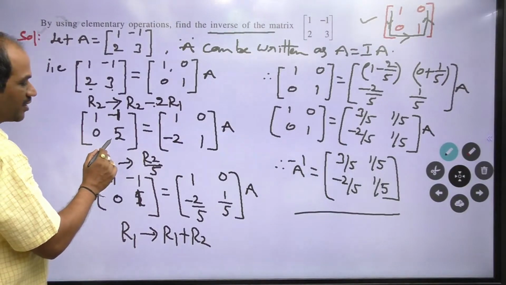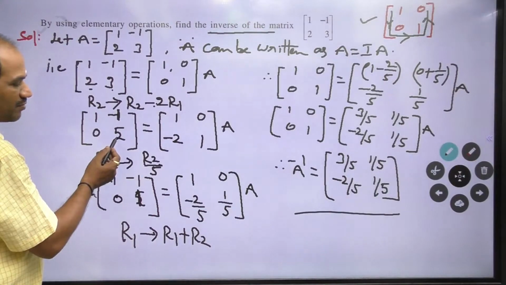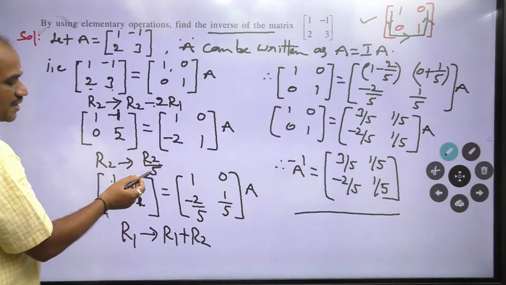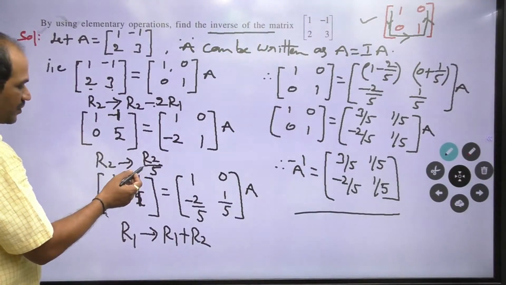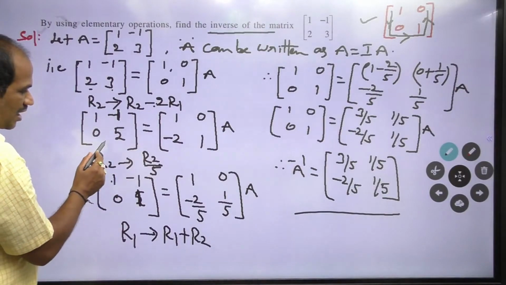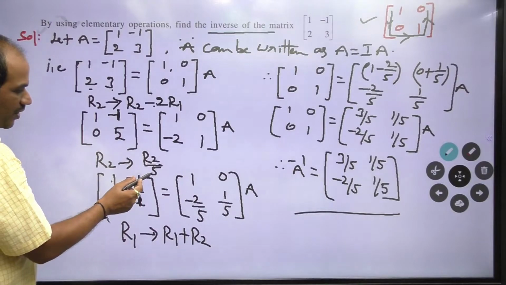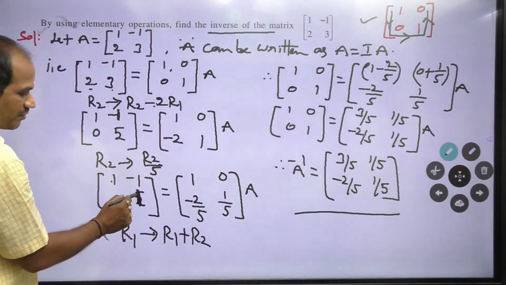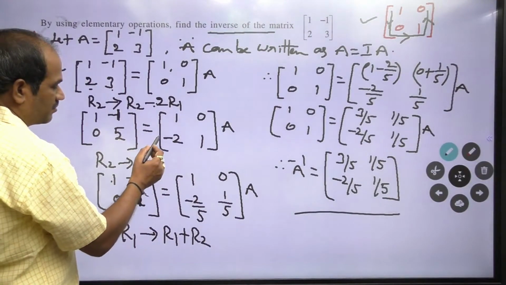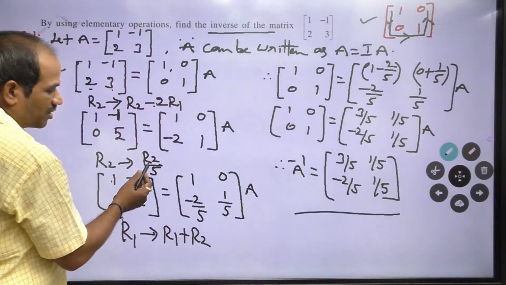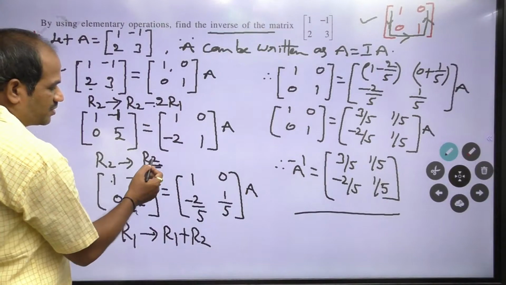So R2 goes to R2 by 5: 0 by 5 is 0, 5 by 5 is 1, and R1 is same. The R2 element minus 2 by 5, and the next 1 by 5, into A.